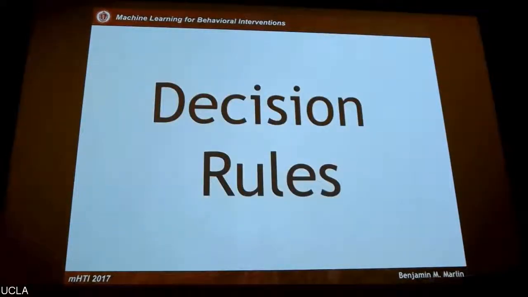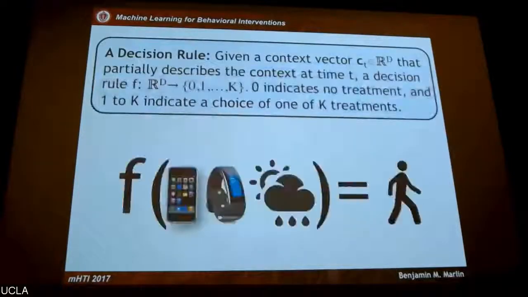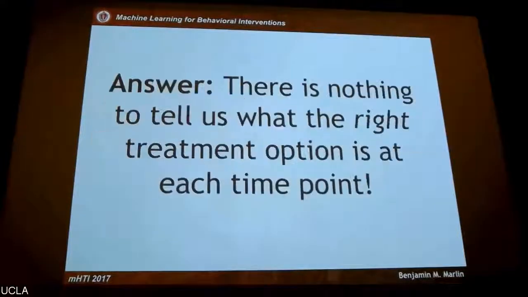Okay. I'm going to skip over the decision rule piece here. I'll just say a couple things about it. Machine learning can also be used for inferring decision rules. This ties in with micro-randomized trials and with a particular form of learning called reinforcement learning. What it solves is this problem, in an intervention optimization context, of how we optimize for the end-to-end performance in a trial.